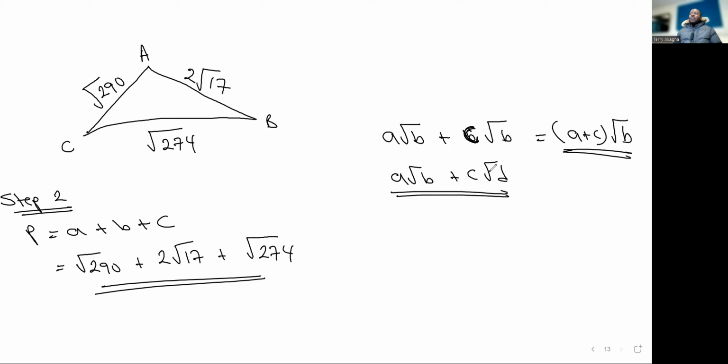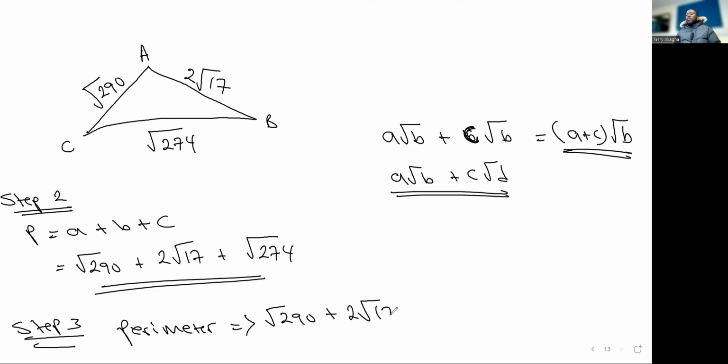You leave it like that, okay? So that means the perimeter for this, step 3, will be equal to root 290 plus 2 root 17 plus root 274. And that will be the answer for that.